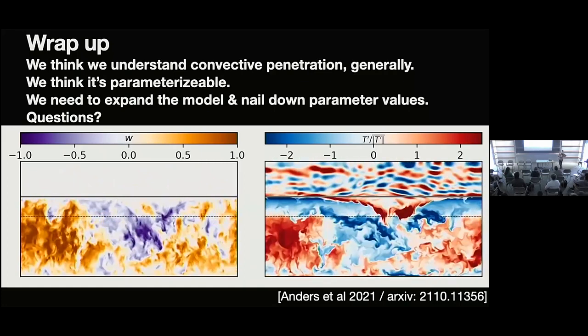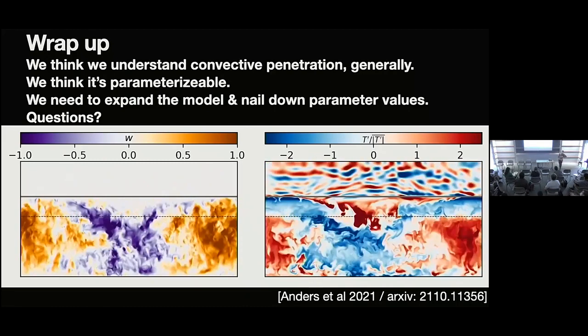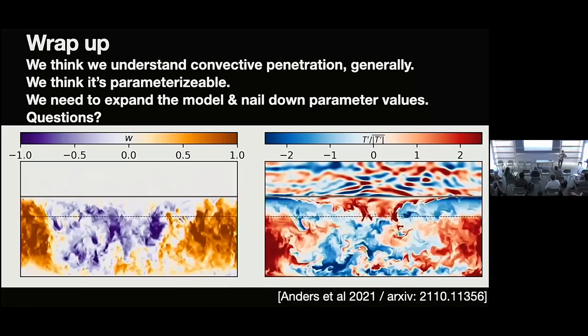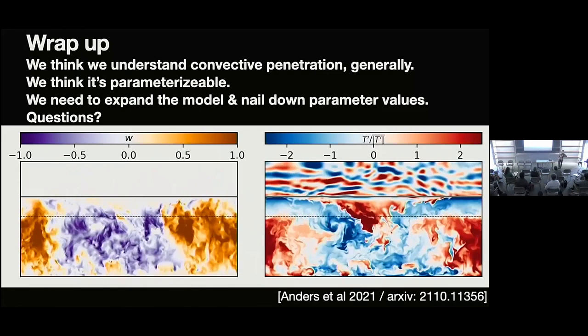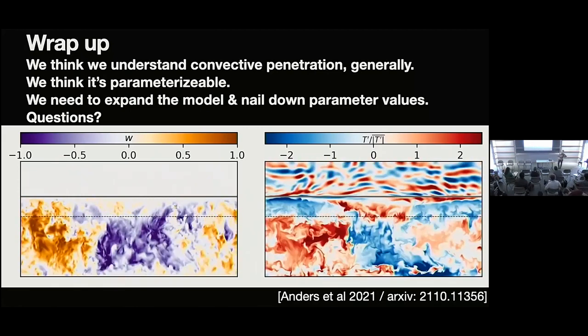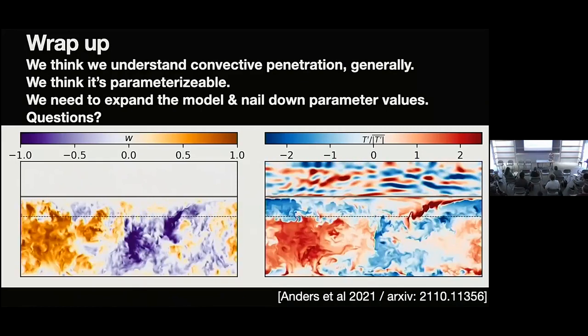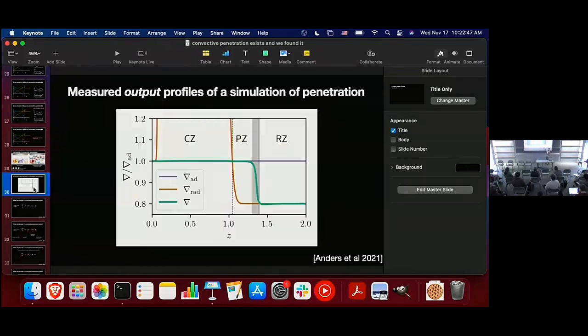And did you get any scaling laws based on the Reynolds numbers or other input parameters? Yeah, I don't have it in here, but we found strong scaling of the penetration zone with this conductivity profile. We found strong scaling of the width of this region with the stiffness, so basically the Brunt frequency up here.